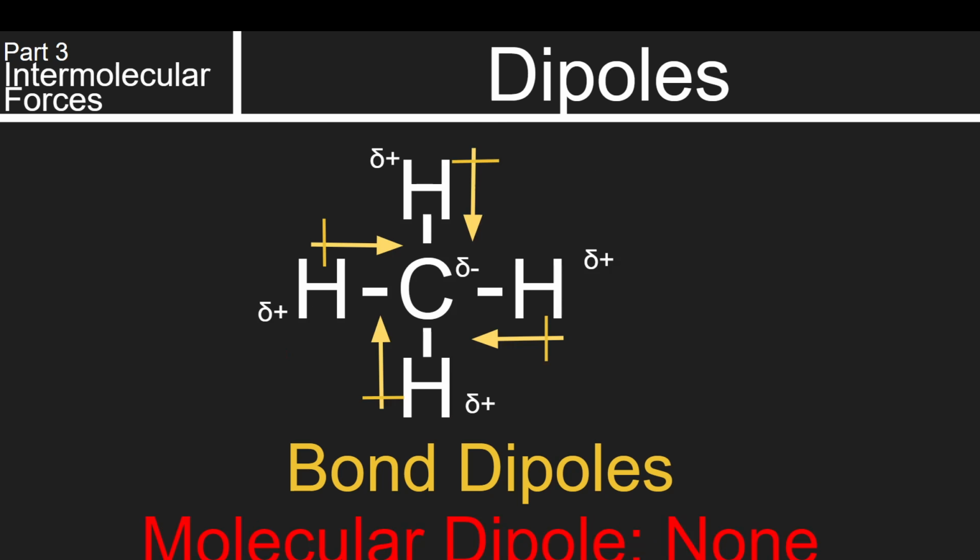Now let's look at methane. Methane, if you remember, had the pluses on the outside and the negative in the middle. So if we do the same thing with the bond dipoles, along the direction of the bonds, from the positive to the negative, what we see is something a bit different. The H from here goes to carbon, the negative, going up, but this one goes down. So these two are going to completely cancel each other out. And similarly, these two are going to completely cancel each other out.